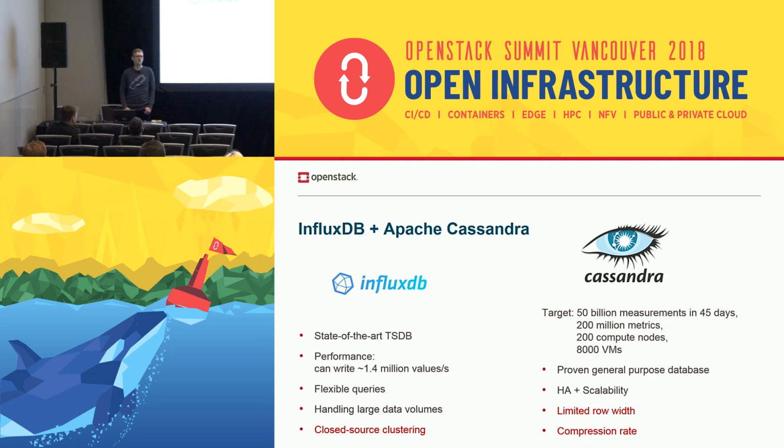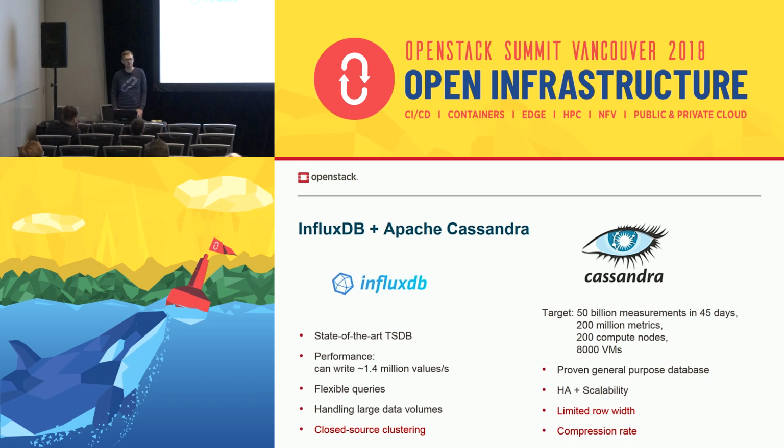It has great performance, capable of storing large amounts of data. Has a very flexible, nice query language. The only drawback is that clustering is only available in the enterprise version, which is very expensive.